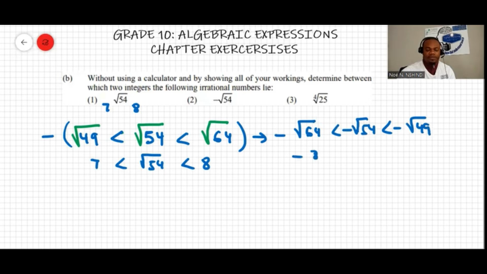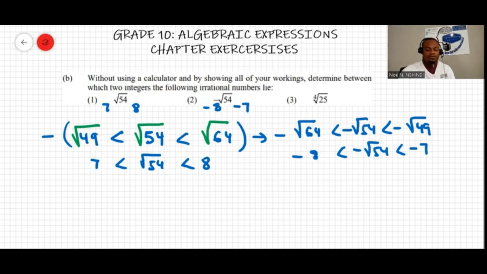Which will be negative 8 lesser than negative square root of 54 lesser than negative 7. Remember on the negative side, the bigger the number, the smaller it is. So here it's negative 8 and negative 7.